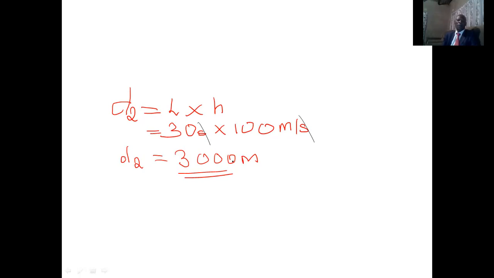And then now we can calculate the distance covered when the object was decelerating. We have denoted it by distance 3, which is the area of a triangle, which is a half base multiplied by height.